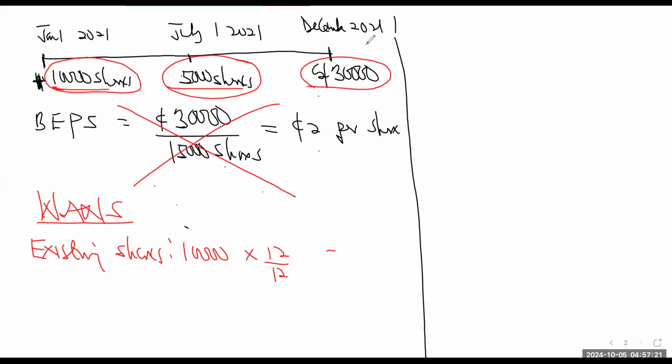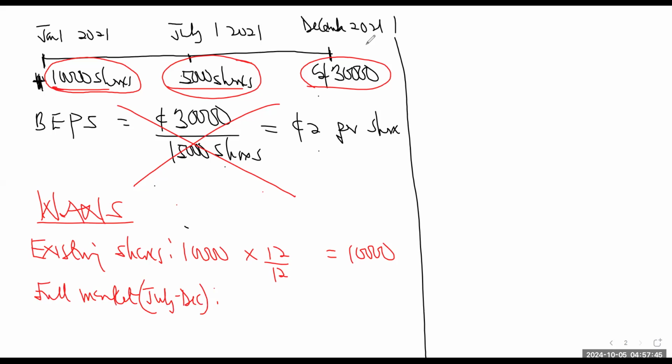I'll be getting 10,000 over there. Let's come to the full market issue. The full market issue will be from July to December, and that will be there for only 6 months.